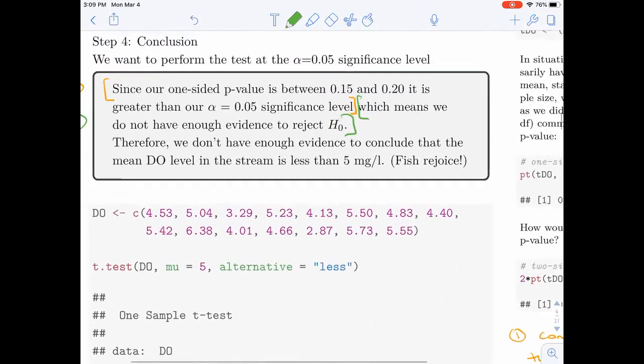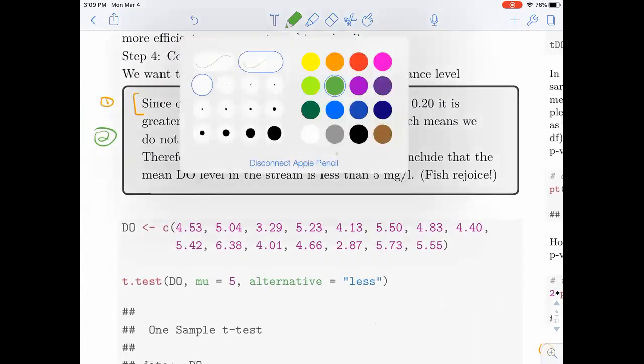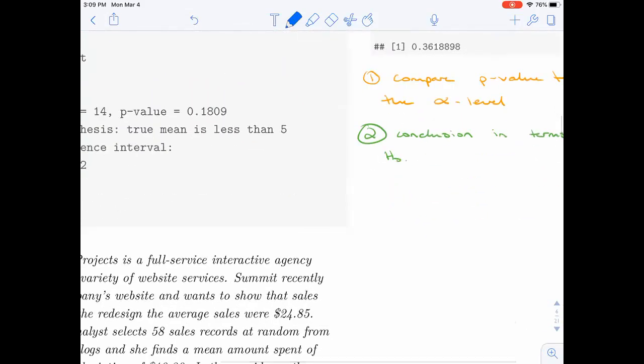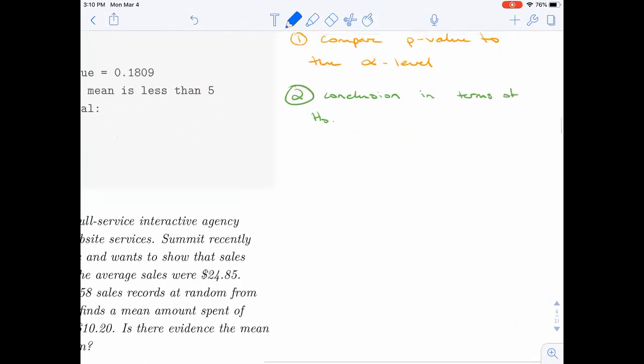And then finally, the third part is your conclusion in terms of the question. Conclusion in terms of the question.